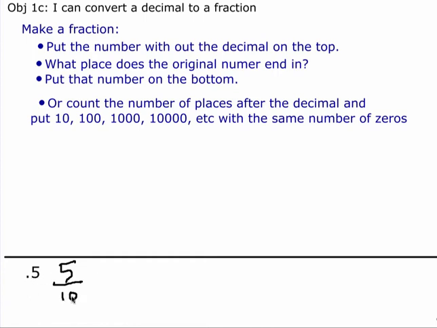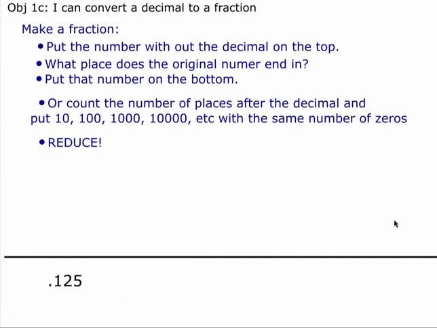That means I'm going to put a 1 and 0 down here. I'll show you again with another problem. And then the last step here is to reduce. So what number goes into both the top and the bottom? Well, 5 goes into both the top and the bottom. 5 goes into the top 1 time and into the bottom 2 times. And that's why 0.5 is the same as 1/2.